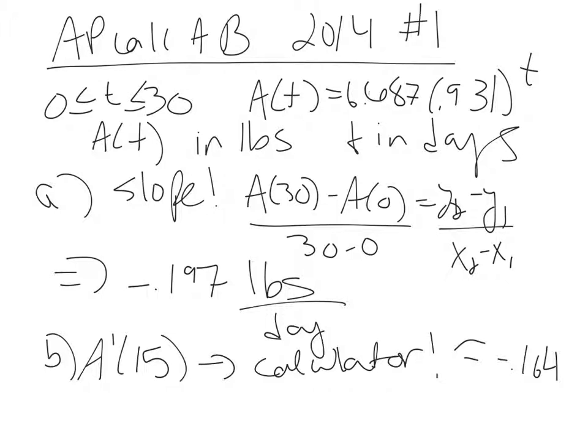You know that the function they give you, A of t, is the amount of pounds of grass clippings in the bin. So the rate of change would be how fast those grass clippings are decreasing, because it says they're decomposing. If you're talking about a rate of change, especially if it's negative, then you really know it's decomposing.